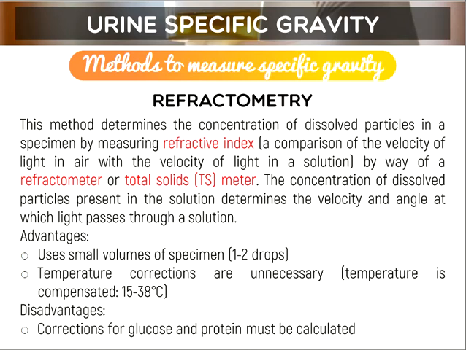Temperature is compensated from 15 to 38 degrees Celsius, whereas with the urinometer, you have to make many corrections. Its disadvantage is that corrections for glucose and protein must be calculated.